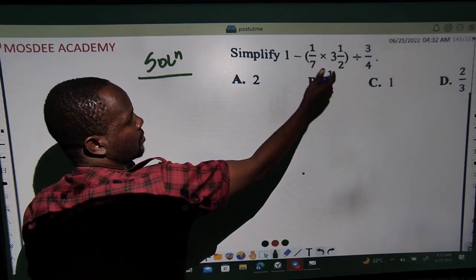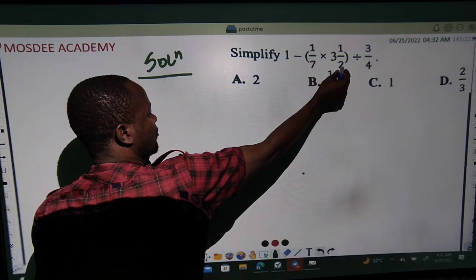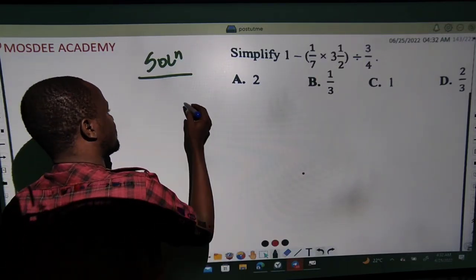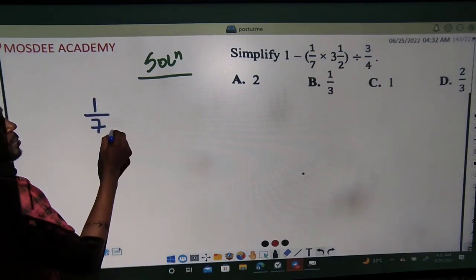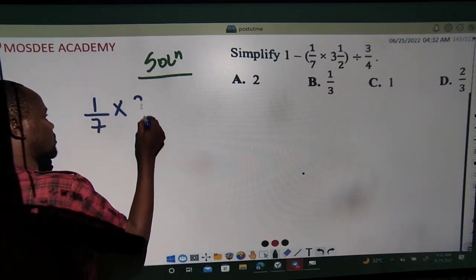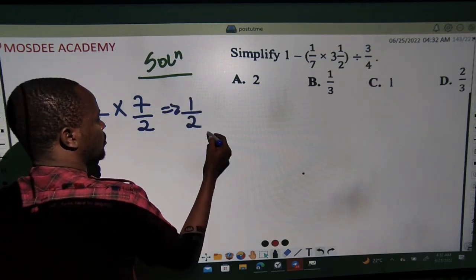Now, this is 3 over 4, 1 over whatever you are doing. Do the bracket first, order of operations. 2 times 3 is 6, plus 1 is 7. So 1 over 7 times whatever is 1 over 7 multiplied by 7 over 2. This is 1 over 2, which we cut.